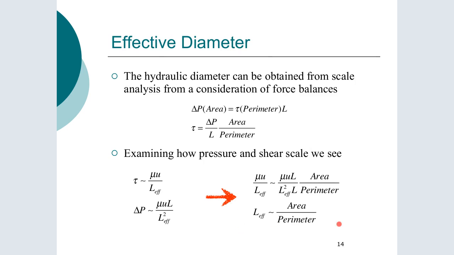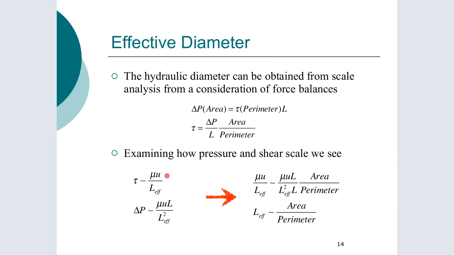Just to look at a bit of scale analysis, so we go back to our force balance. We have the pressure forces and the shear forces. So we have this area to perimeter, so that's where it's coming from. If we do some scale analysis on that, you'll recall from the scale analysis we've done before that our shear stress scales as mu u over y squared.